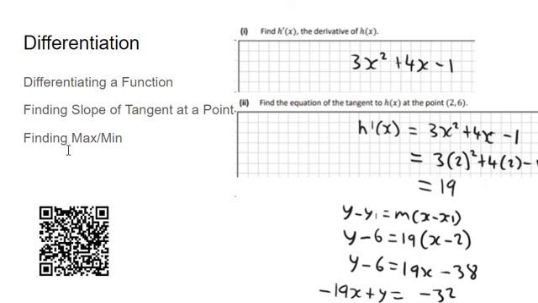And then finding a max or min, I don't have an example here of that, it didn't really come up in this question, but that's just another important part of differentiation. There's other things that can be asked on it as well, but I just threw those 3 things down. The last part here was to find the equation of the tangent, so not just the slope of the tangent.